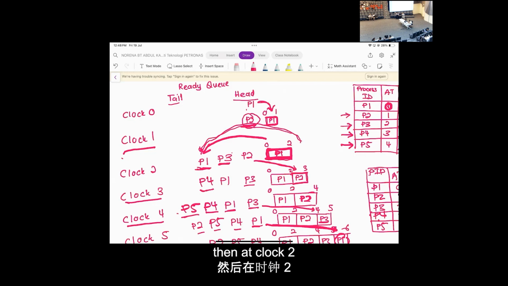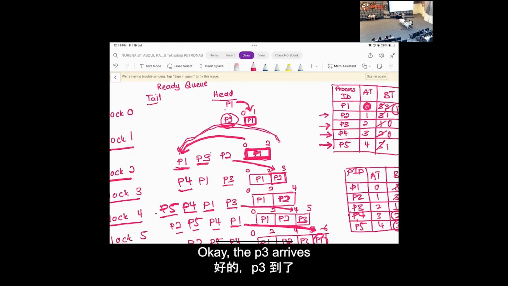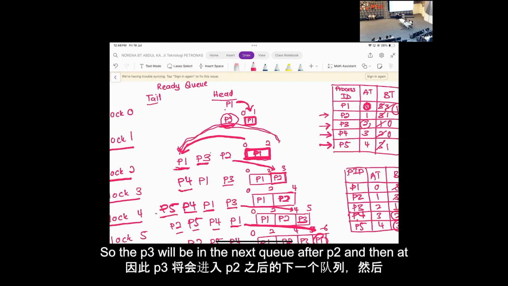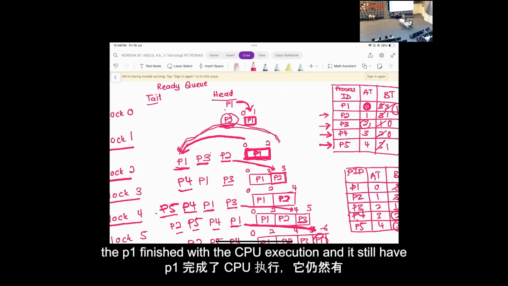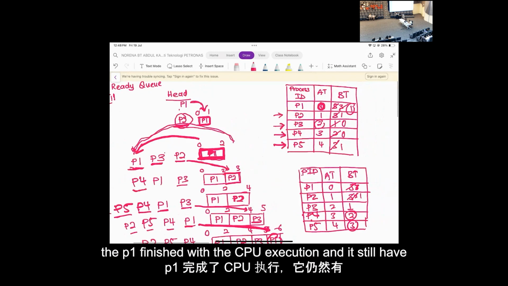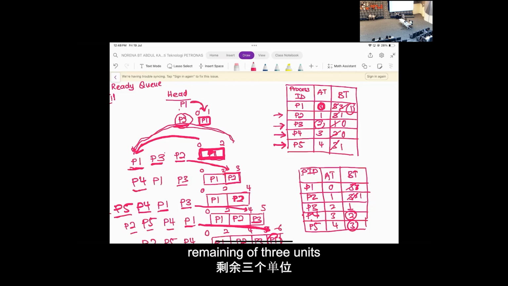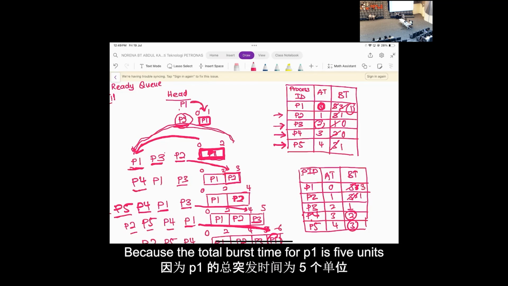And then at clock 2, P3 arrives. So P3 will be in the next queue after P2, and at clock 2, P1 finishes with the CPU execution, and it still has a remaining 3 units, because the total burst time for P1 is 5 units.